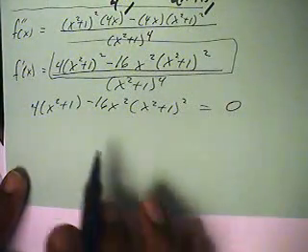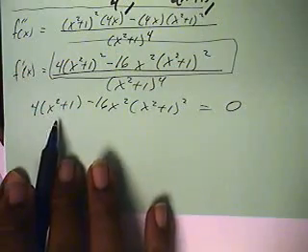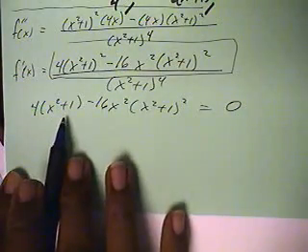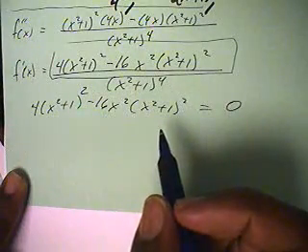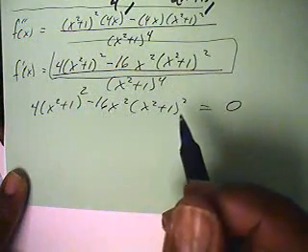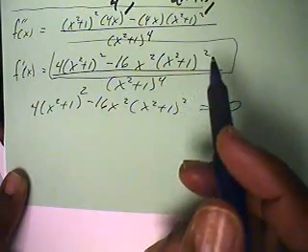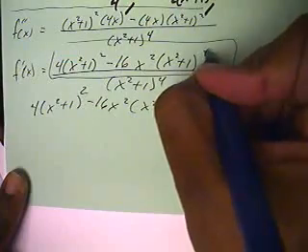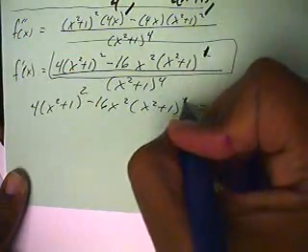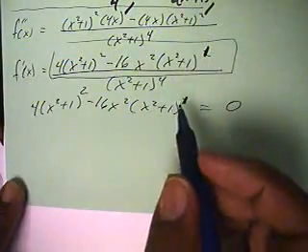Now solving for x, I'm going to take out the x squared plus 1. I want to make sure I haven't lost anything. That 2 right there should be a 1. I gained a 2 and lost a 1, so it's back down where it should be.